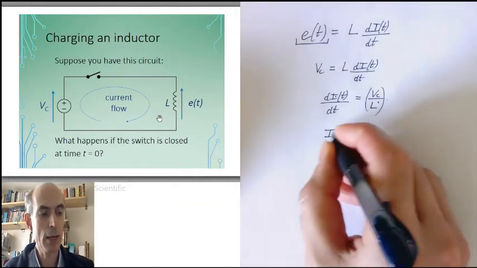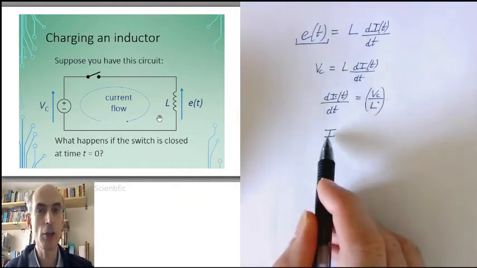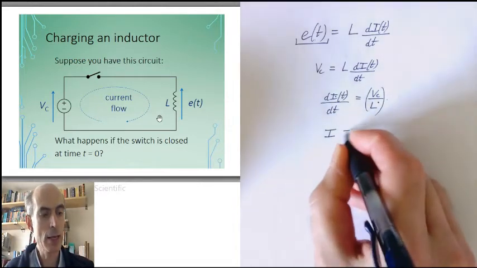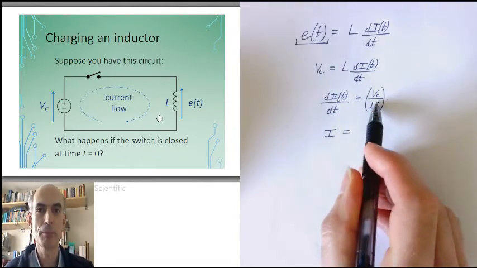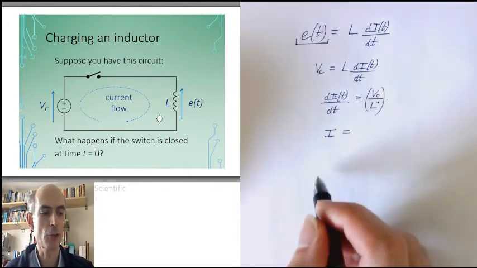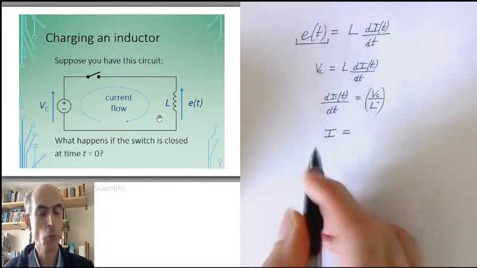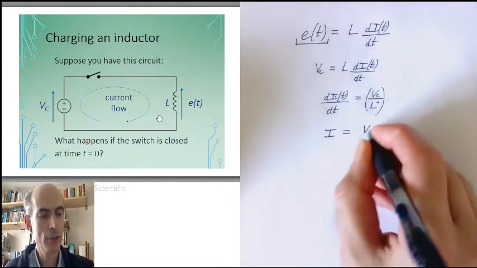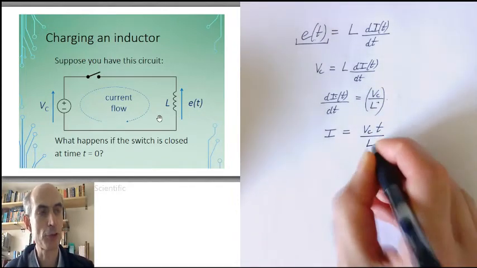So we have a current which is 0 at time t equals 0, and then has a linear gradient. The rate of change of the current is constant. It's almost not worth doing the integral to produce the answer. The answer is just going to be equal to this.